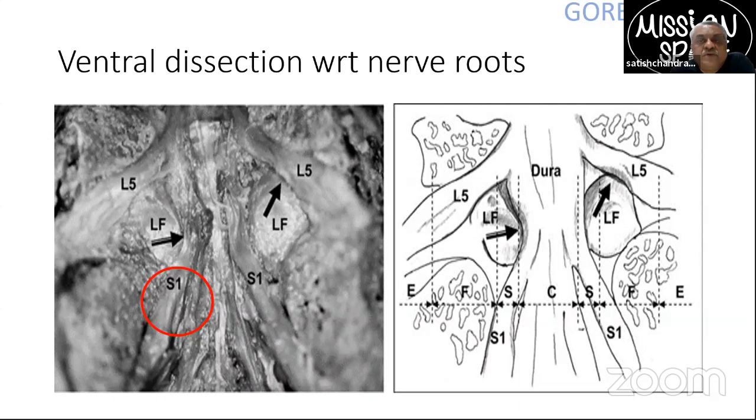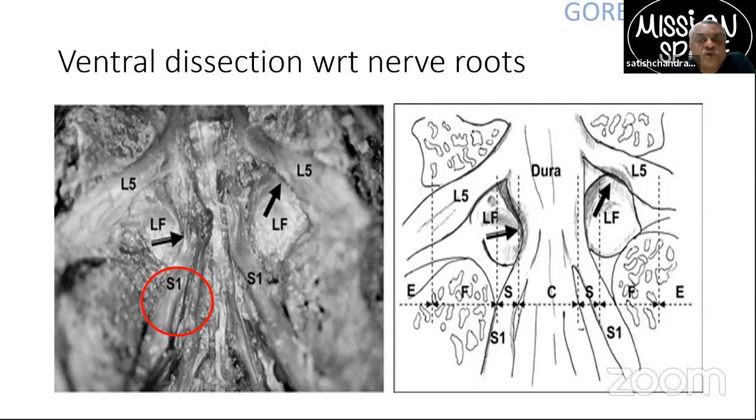Now, what do we mean by ventral dissection? What we mean by ventral dissection is we go from the front. We remove, in a cadaver, we do a vertebrectomy, or we remove the corpectomy. We do a removal of the body of the vertebra.